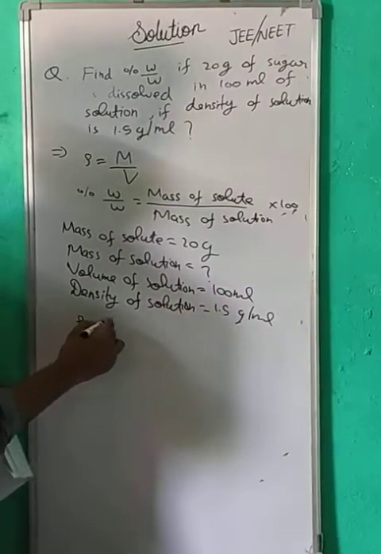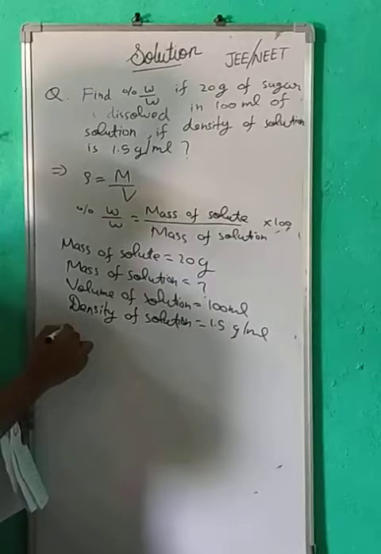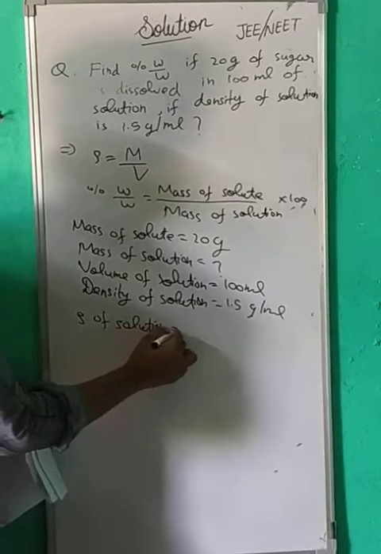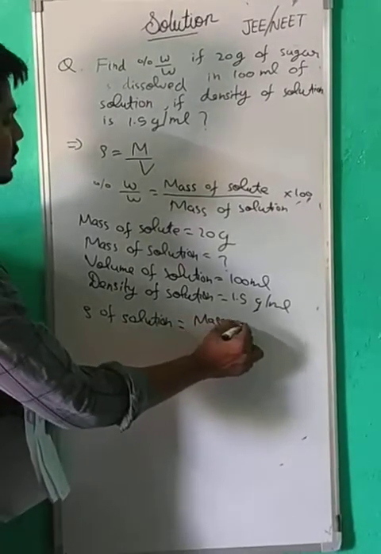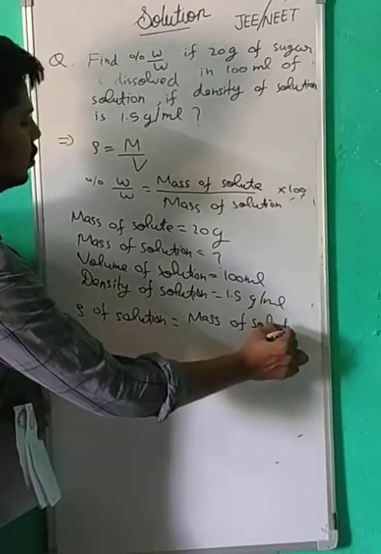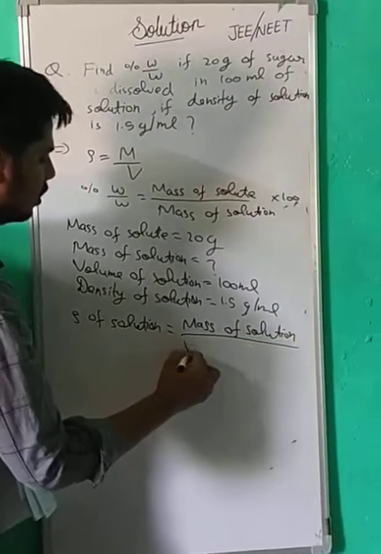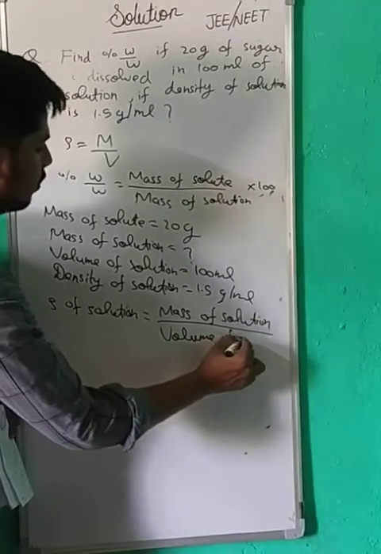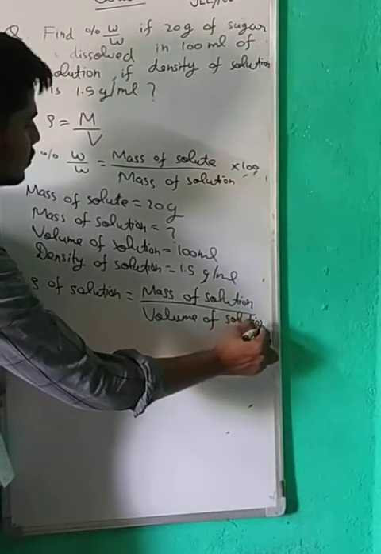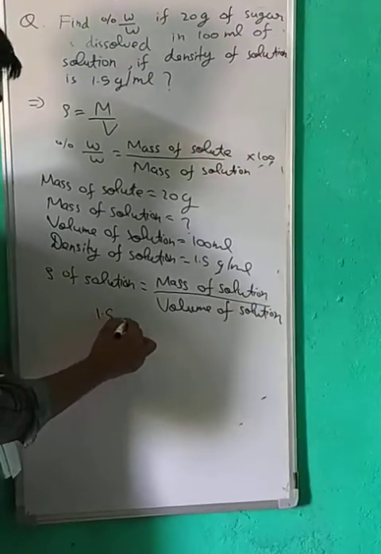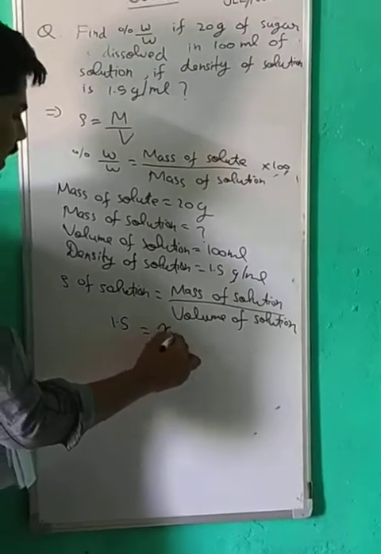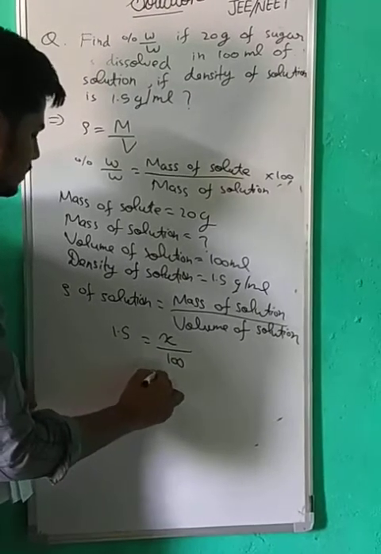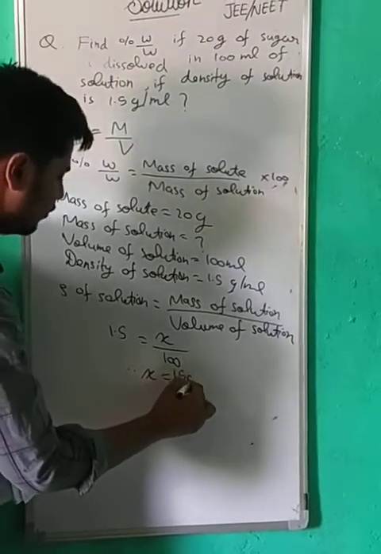So density of solution is equal to mass of solution upon volume of solution. 1.5 gram per ml. Here assume mass to be X. Volume of solution is given to us, 100. Therefore X is equal to 150 gram.